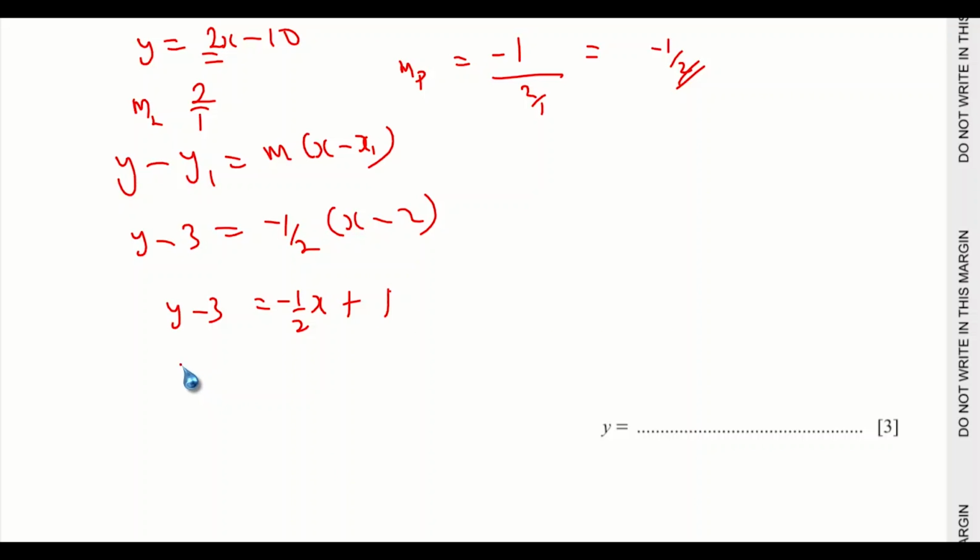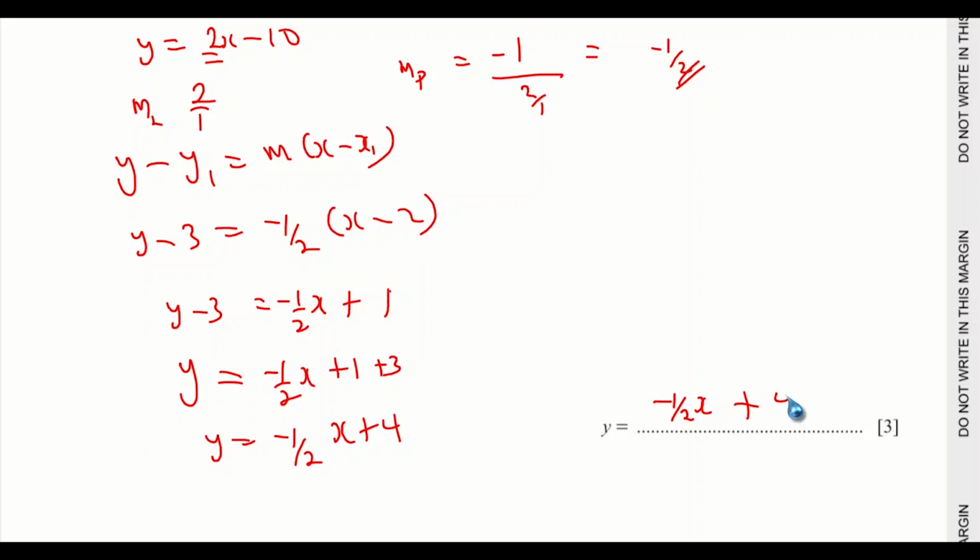If you rearrange, that will be y equals -1 over 2x plus 1, then plus 3. So finally we have y equals -1 over 2x plus 4.